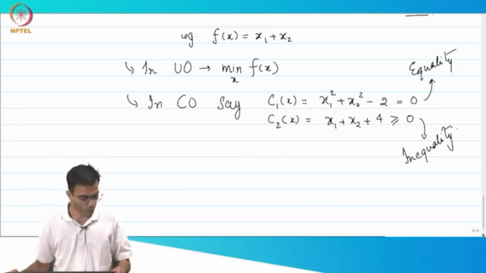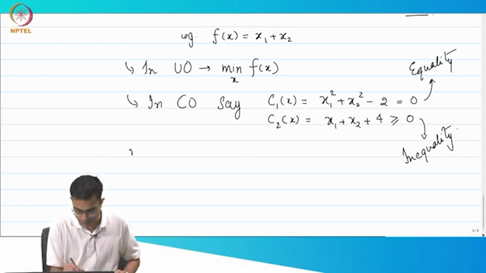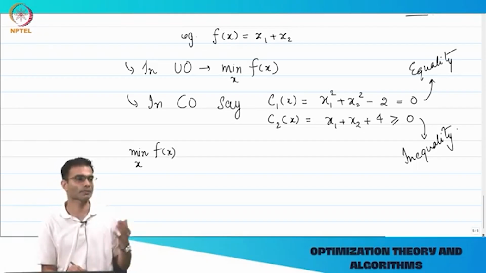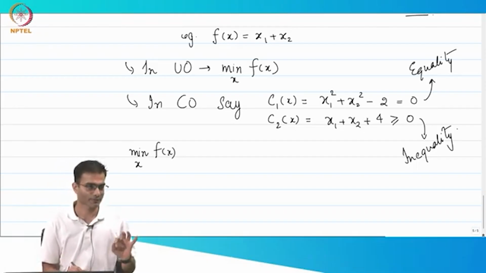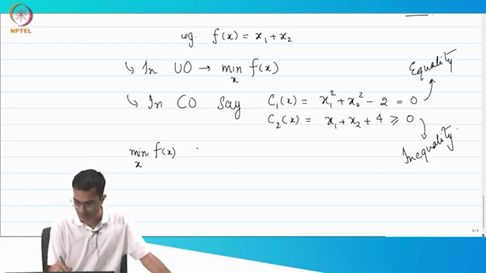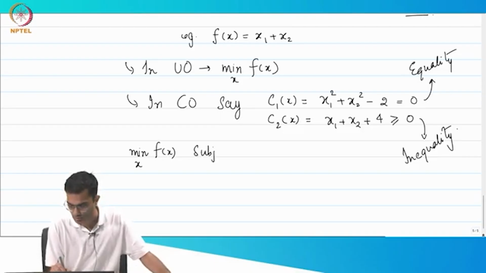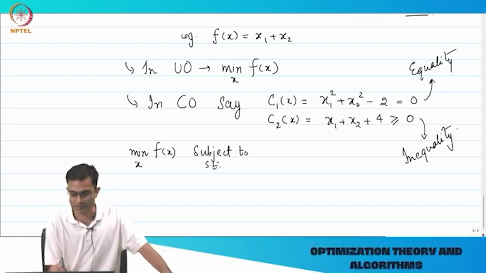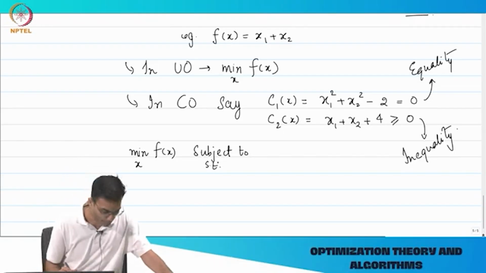So how do I write this now? One way of writing it is minimize f(x), x is the variable of optimization, subject to, right? Many people will write it as s.t., which simply means subject to.